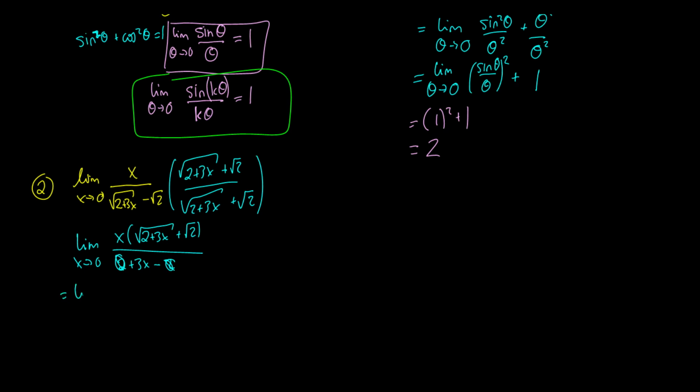So we're going to get the limit as x goes to 0 of 1/3 times the root of 2 plus 3x plus root 2. And when we plug x equals 0, we'll get 1/3 times root 2 plus root 2, which if we do the math very quickly on this, is the same thing as 2 times root 2 over 3. We could do some weird things with it, not going to because it's totally not necessary, but here's your answer of 2 root 2 over 3.